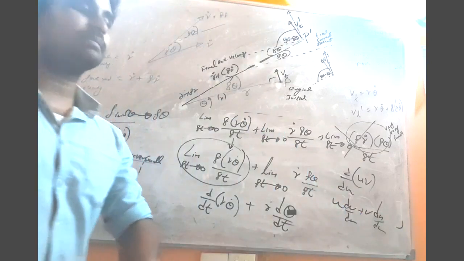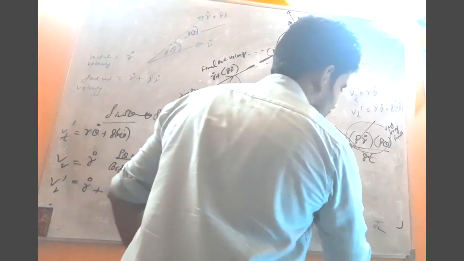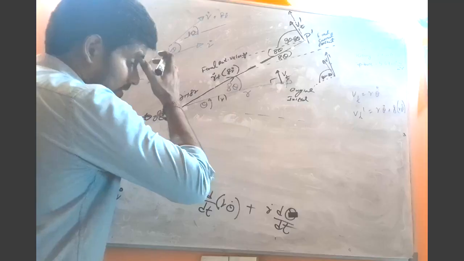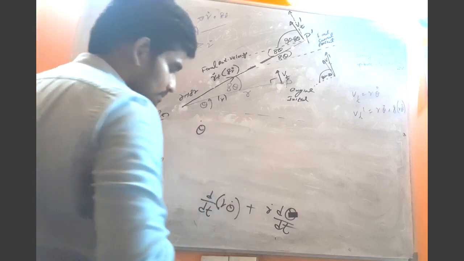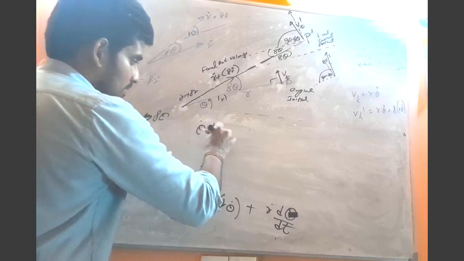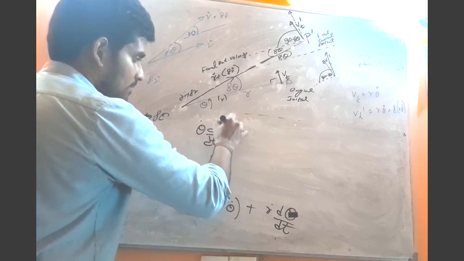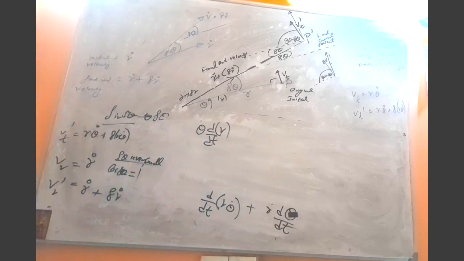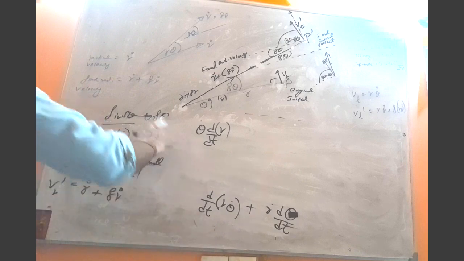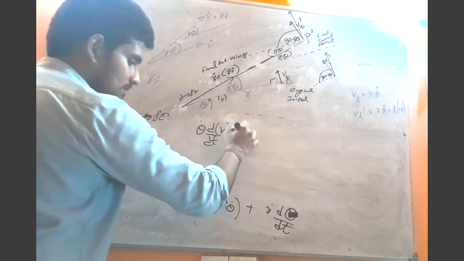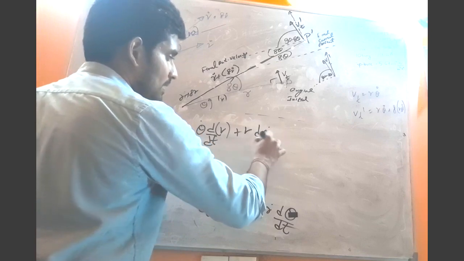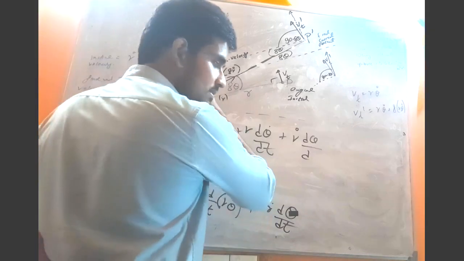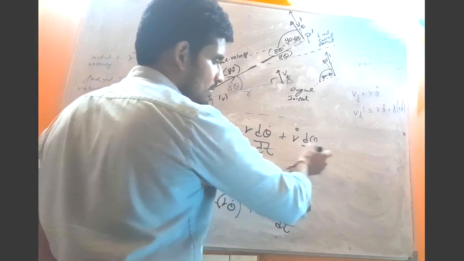Based upon the fundamentals. I hope you got it now, right? First we will differentiate only r, that means theta dot times d by dt of r. So let's write like that: theta dot times d by dt of r plus r times d theta dot by dt, then r dot times d theta by dt, right?